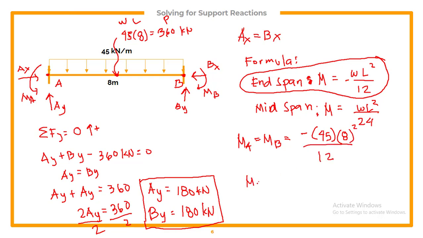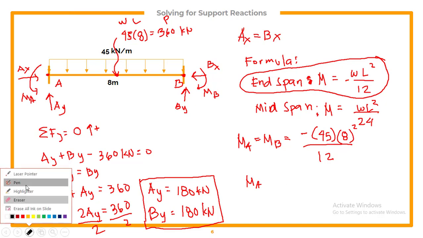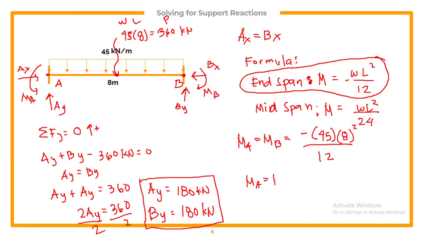So MA is equal to MB, which is negative 45 times 8 squared over 12, so that is negative 240 kilonewton meter.